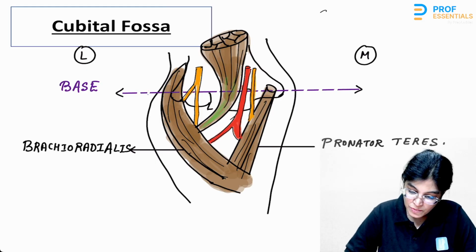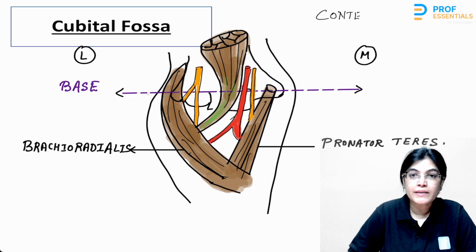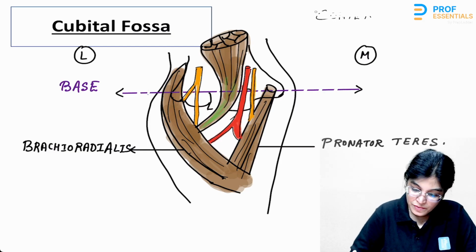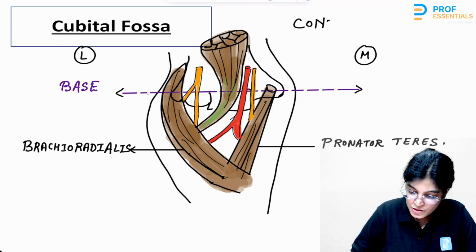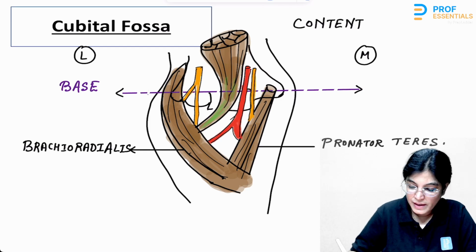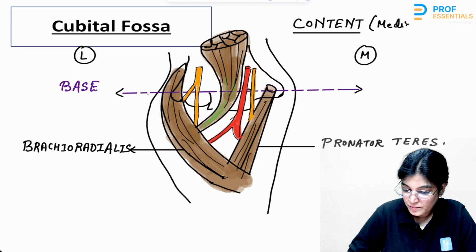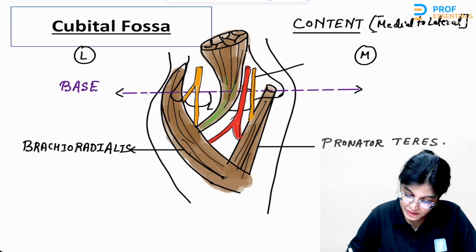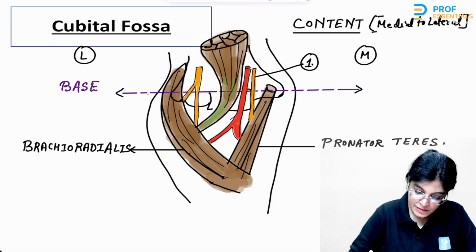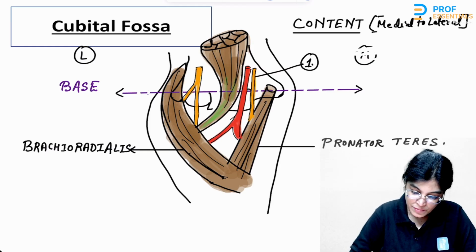So if I talk about contents, you can write down the heading, content of the cubital fossa, and in bracket you can write medial to lateral. Medial to lateral. So this is M, you can start from here.